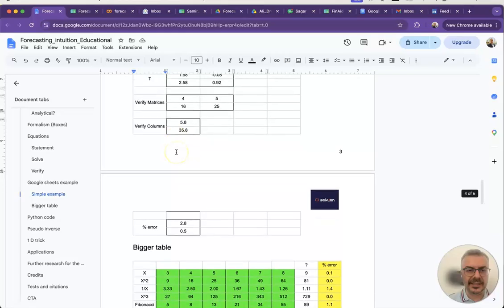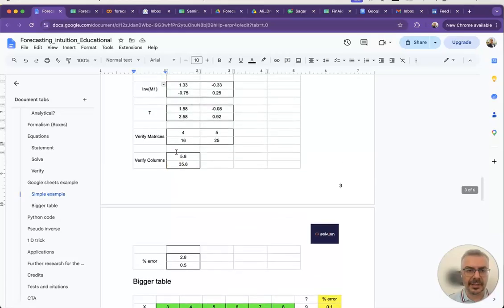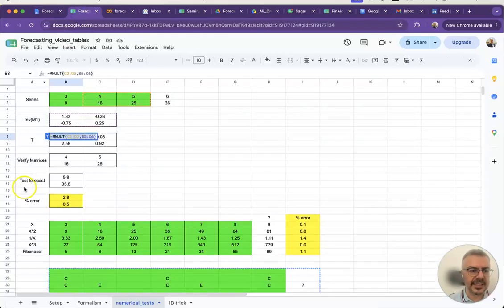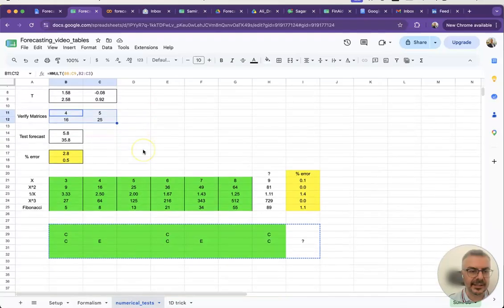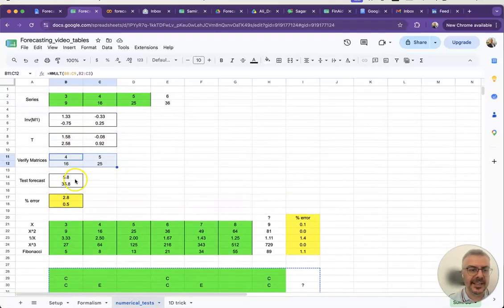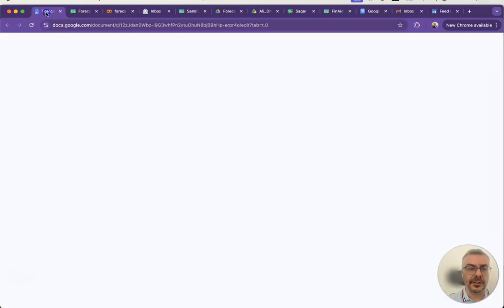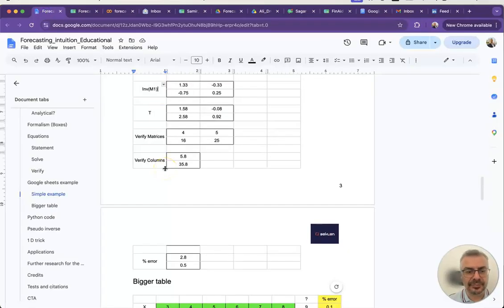Okay, so I calculated T. Now I verify. I multiply T by M1, I should obtain M2. Here is the M2. It's exactly the same. Now the test: I multiply T, this transition matrix, by C3. I should obtain C4, and this is what I obtain numerically. Very, very close. Under 3% error, which is interesting.